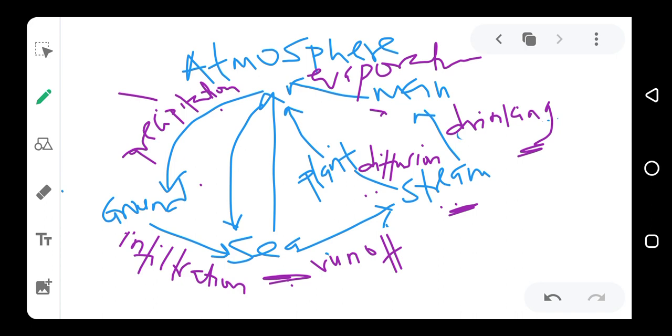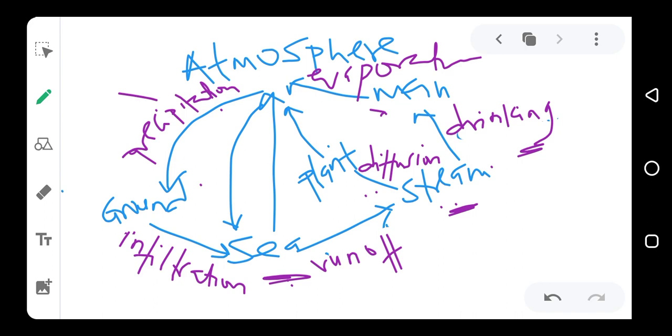Transpiration is the escape of water molecule from plant leaves. So just like the way we sweat, plants, they do what we call transpiration. So through transpiration, water will come out from plant and then escape to the atmosphere. The water in the atmosphere will now precipitate again and then come down to the ground or to the sea.